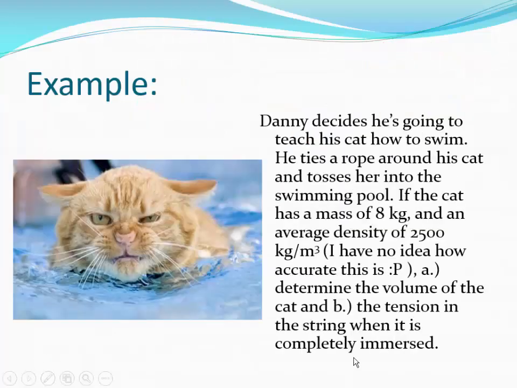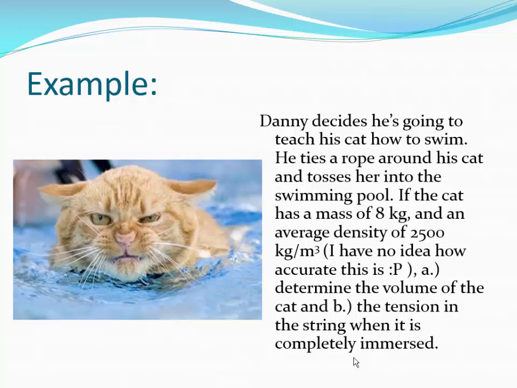All right, so here we go. Danny decides he's going to teach his cat how to swim. Here's another example. He ties a rope around his cat and tosses her into the pool. The cat has a mass of 8 kilograms and an average density of 2,500. And again, I just made this up, so I'm not exactly sure if that is a correct number for the density of a cat, but we are going to go with it.